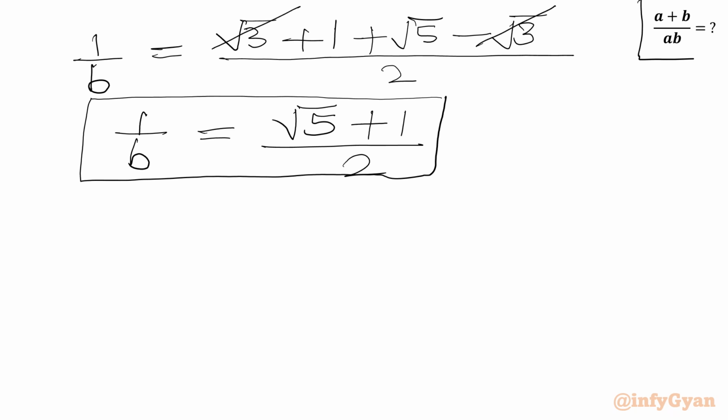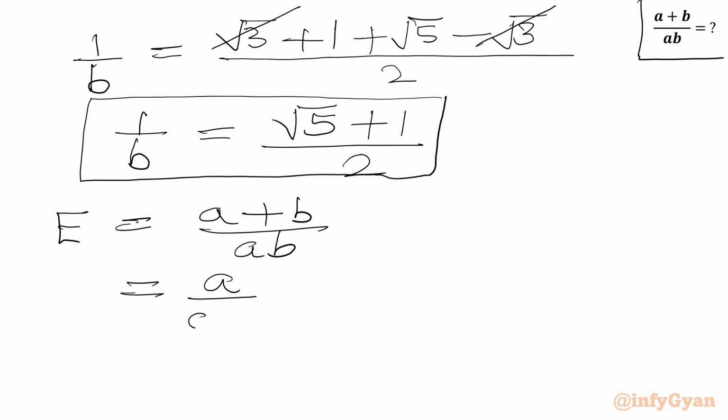Now you can see our required expression is E equal to A plus B over AB, which we can write as A over AB plus B over AB.